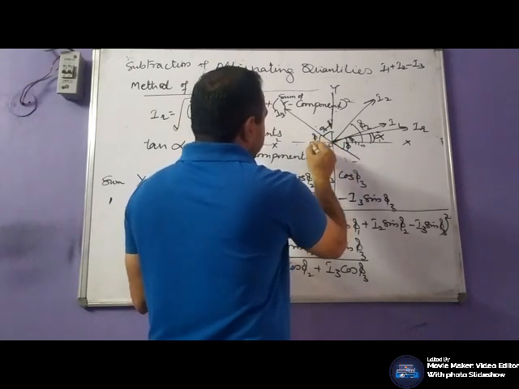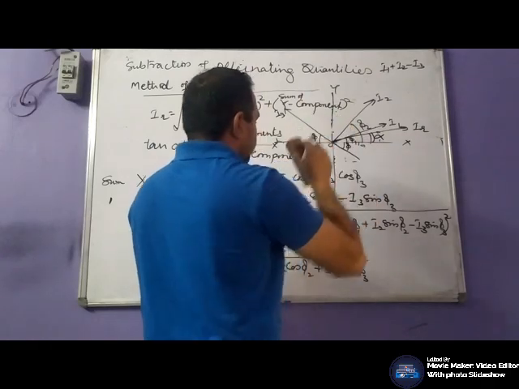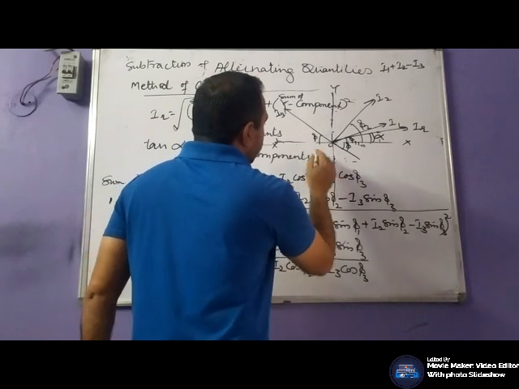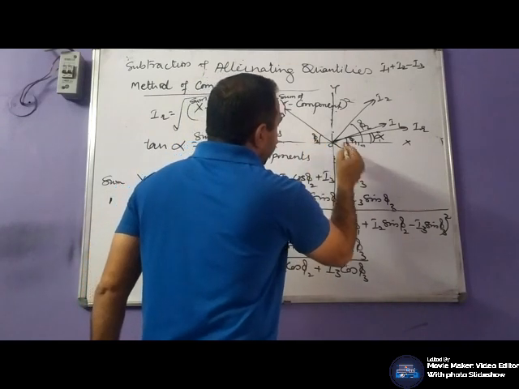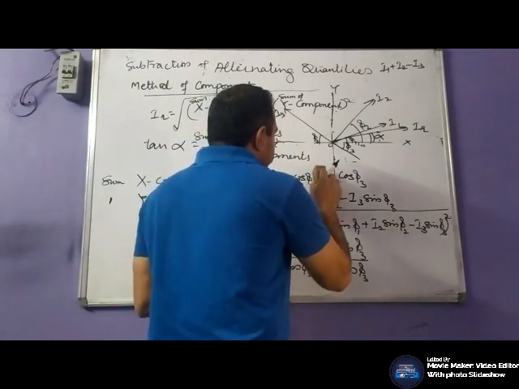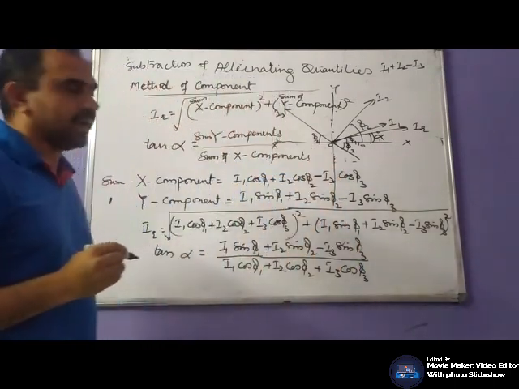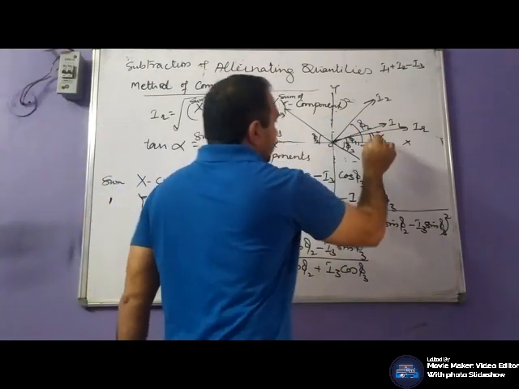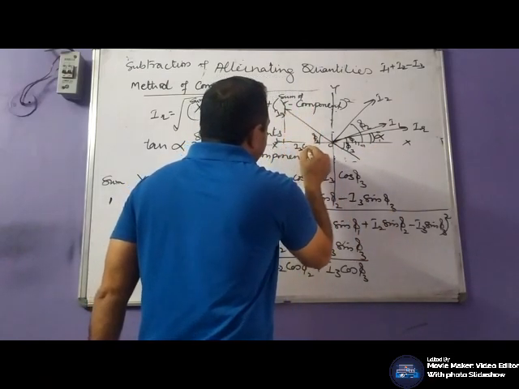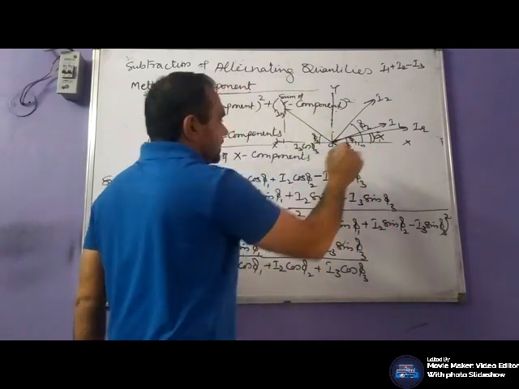This angle is phi. So what will be the value here? I3 cos of phi 3. So this would be minus I3, because when we represent it at the OX axis, its value would be I3 cos of phi 3, but when we represent it, it would be minus I3 cos of phi 3.